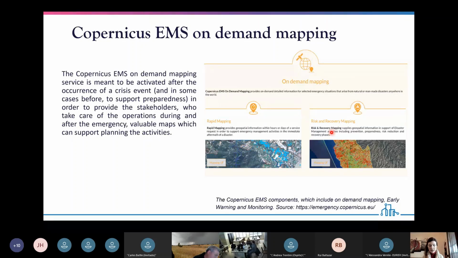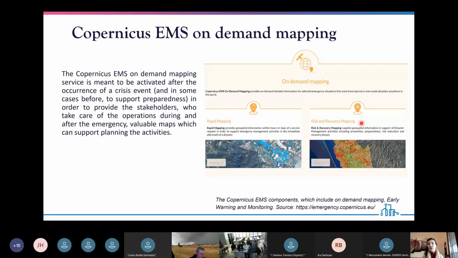Because if you have a disaster, you have the opportunity to monitor it with satellite imagery and to have information about the impact of the disaster over a certain area. And exploiting satellite imagery, you can see how large the affected area is with a fast processing of satellite imagery. Instead, of course, having the same information from the field could take much longer.